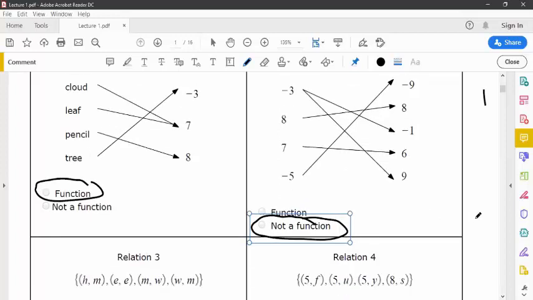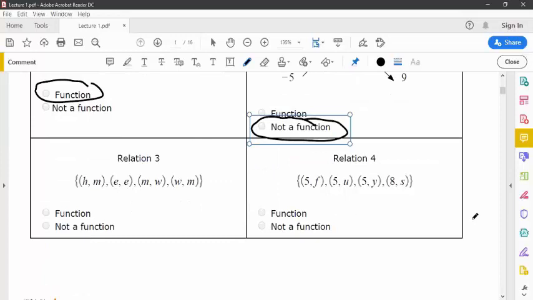Let's look at a couple of other examples using ordered pairs. So relation 3, in order for this to be a function, the domain value, the first value, cannot repeat. So we notice that each one of our ordered pairs has a separate domain value, or first value, or x value. Therefore, this would be a function.